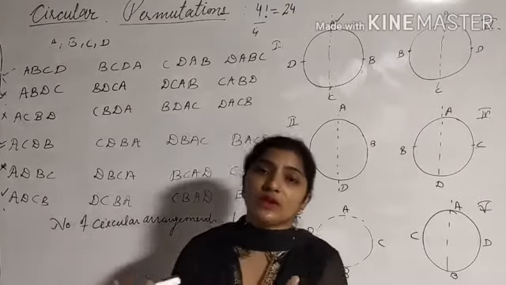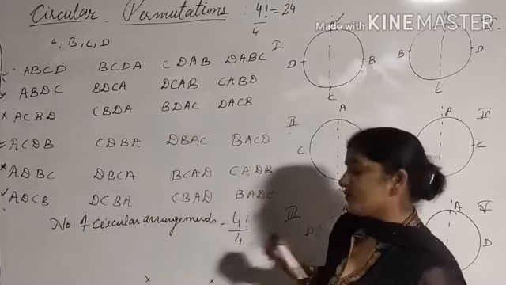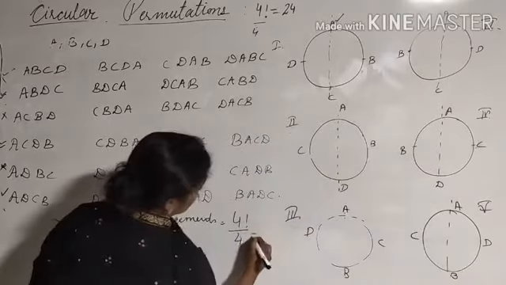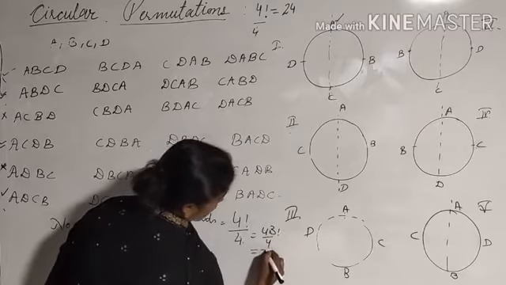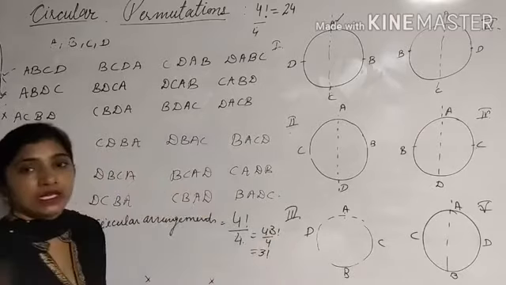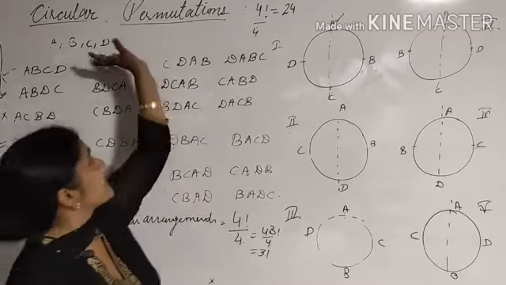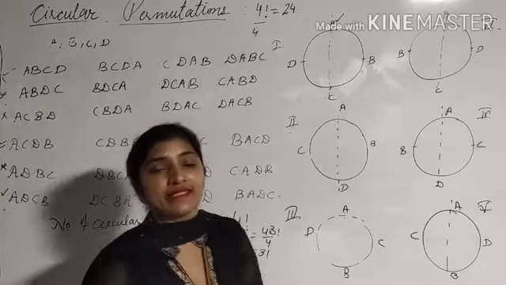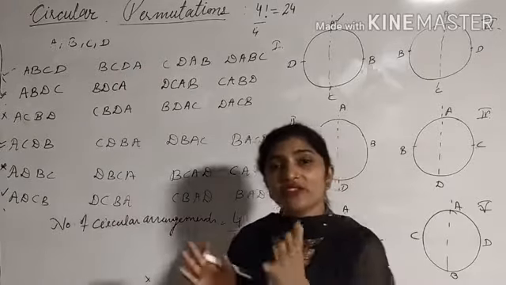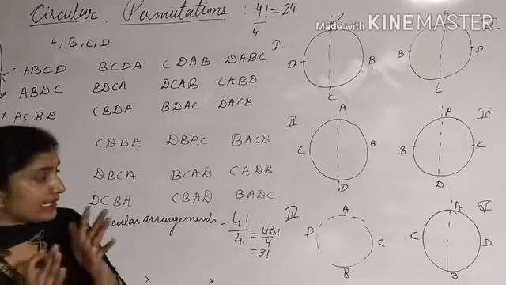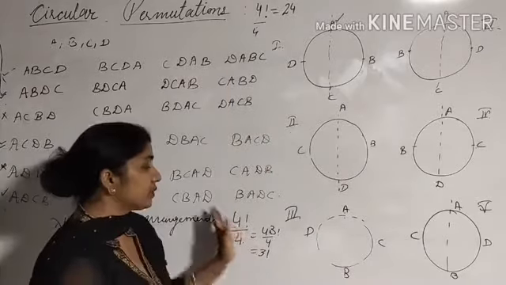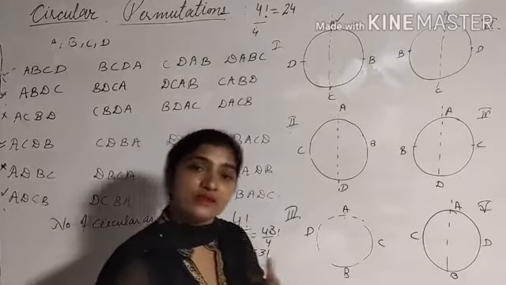So the total number of arrangements is divided by 4. That means this is 4 into 3 factorial divided by 4, and this is 3 factorial. Similarly, if the number of objects is 5 instead of 4, then each of the 5 different arrangements gives rise to one circular arrangement, and in that case we have to divide the total number of arrangements by 5.